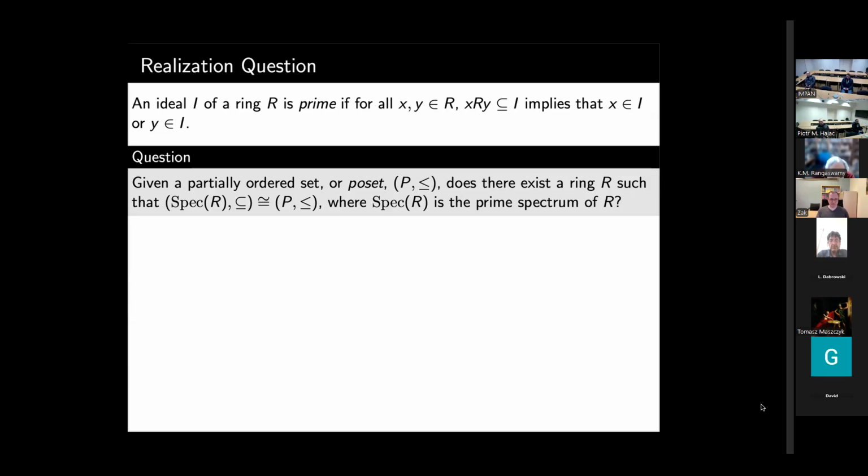If you look at the prime ideals, what structure does that have as a partially ordered set? And in the case of commutative rings, the prime ideals also have a nice topological structure. So there's this language, talking about the spectrum of the ring. That's the prime ideals with this topology. So that's where that goes back to.